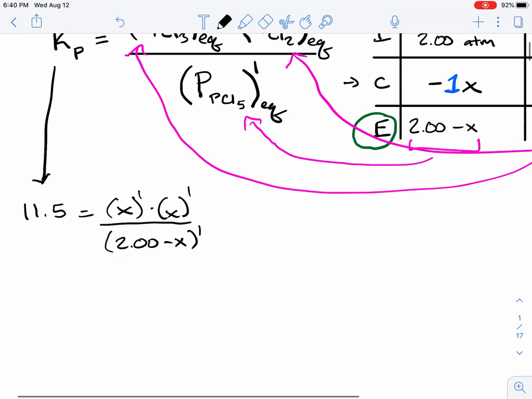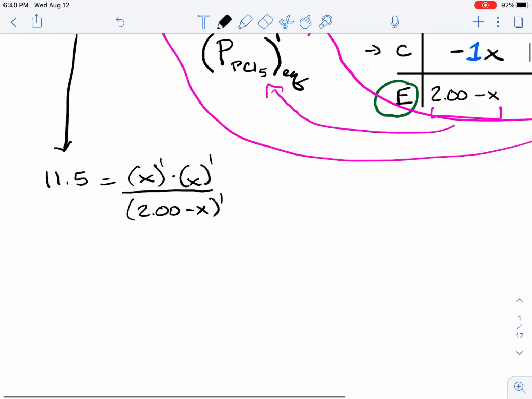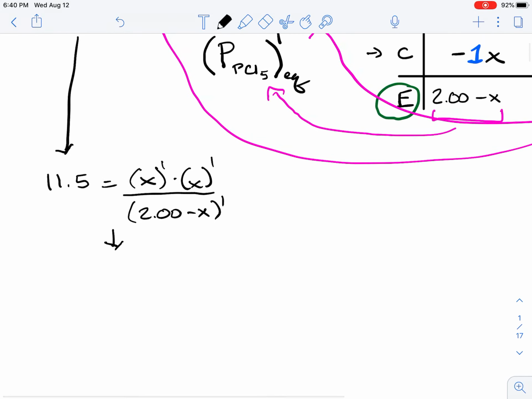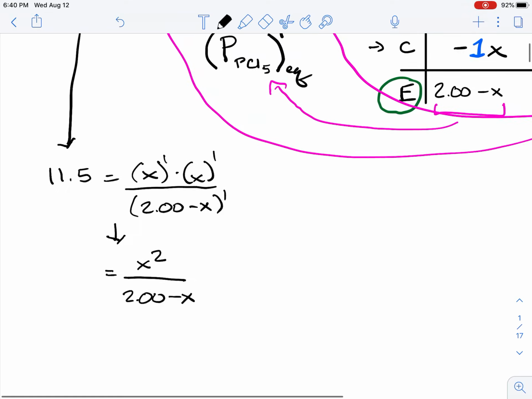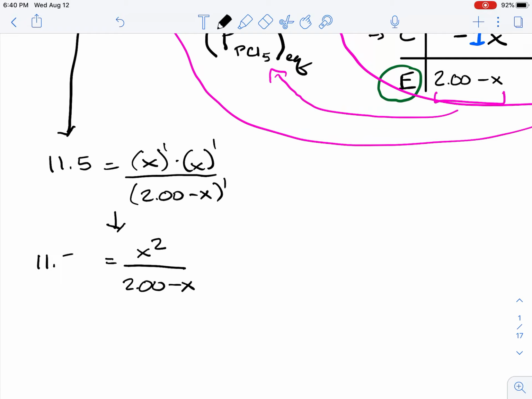So anything to the first power, it'll just equal itself. And so we can go ahead and simplify this to x squared over 2.00 minus x, and that equals 11.5.